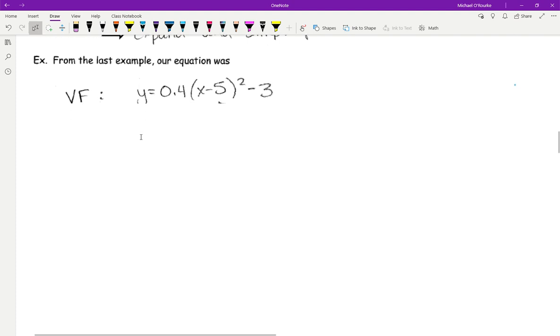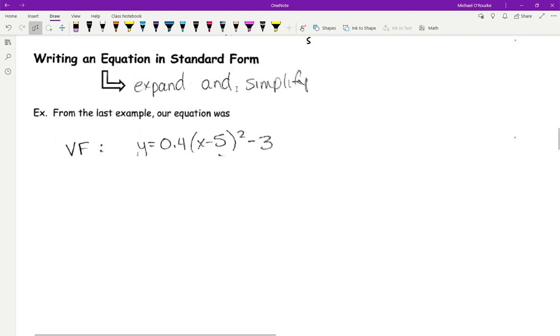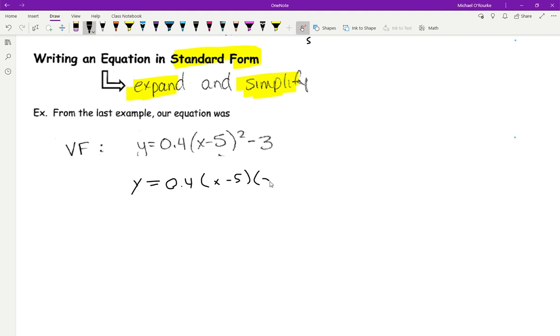So this question here, we need to expand it to simplify. Okay? To go to standard form. So as we did before, first thing we have to do is expand and then simplify. So we leave the 0.04 out here all by itself, because we've got to do brackets first if you remember in BEDMAS, and hypothetically even our exponent.